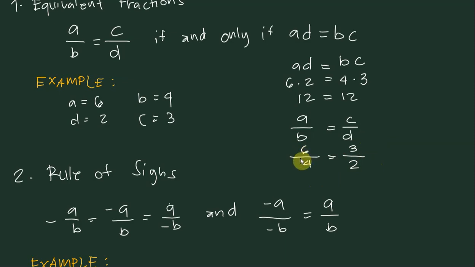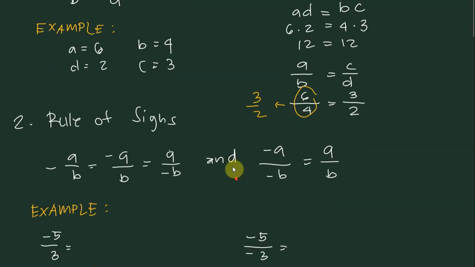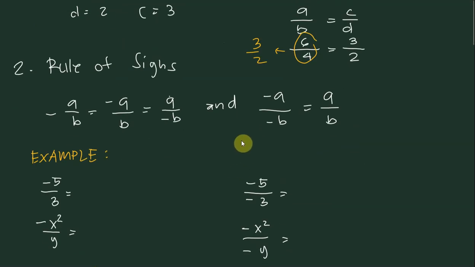So it is indeed equal, right? Because 6 over 4 can be simplified to 3 over 2. Okay, so let's proceed to the next.